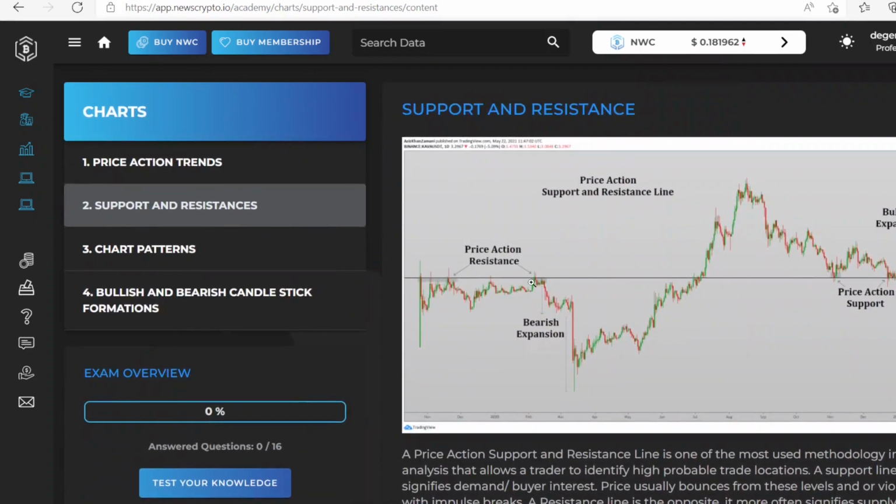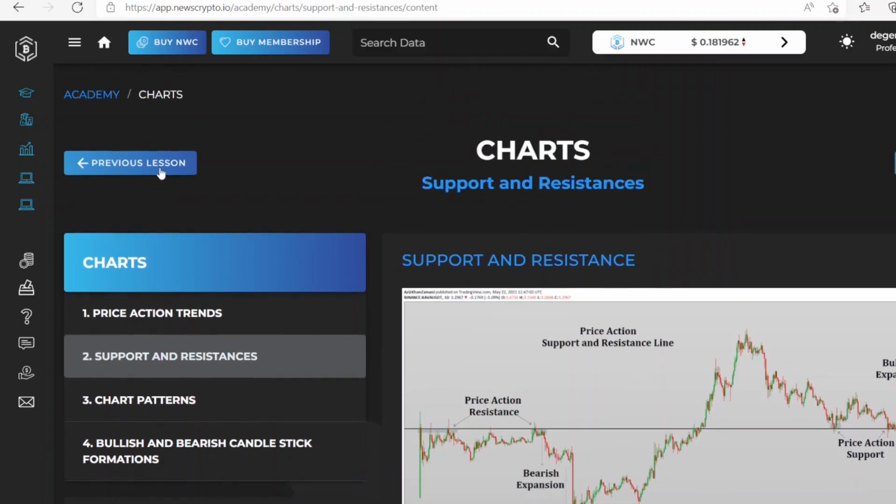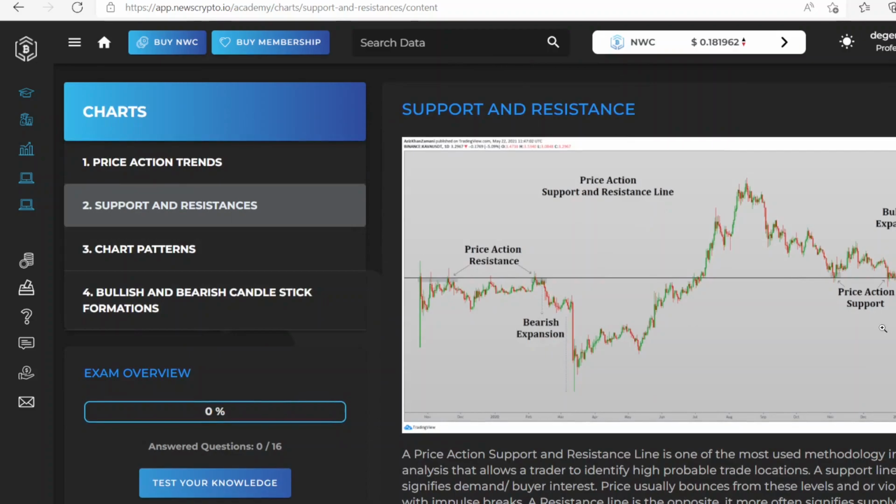So for any of you new guys, I can remember years ago when I was learning this stuff, I would have to search for one YouTube video and then search for another YouTube video. It's hard to get everything you need all in one place, but these guys really have got everything you need in one place.